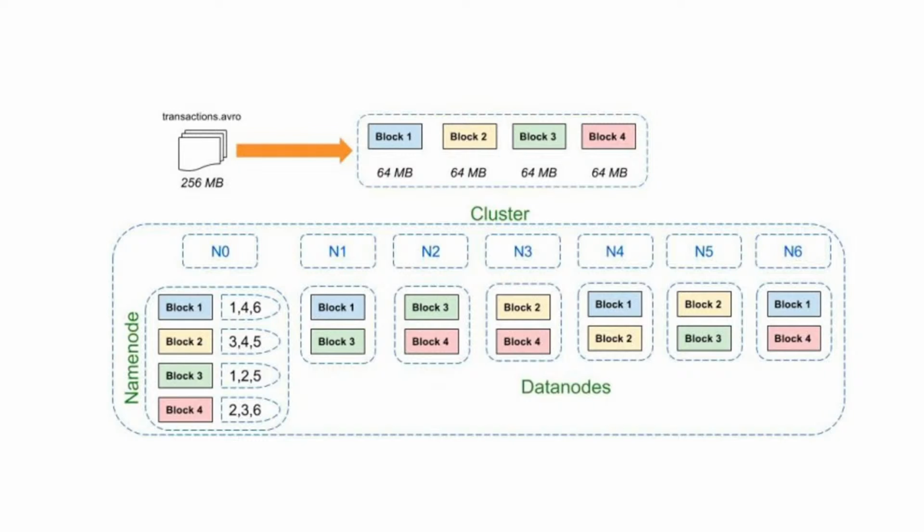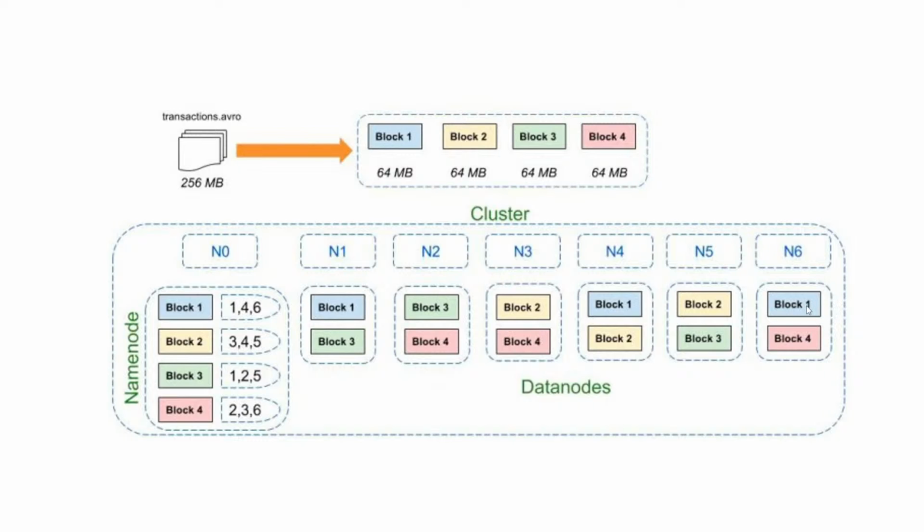If you look at this, the name node has the blue block 1, and it notes the addresses of that. That is, the blue block 1 is stored in data node 1, data node 4, and data node 6. And if you look at the actual data nodes, you can see block 1 in data node 1, in data node 4, and in data node 6.